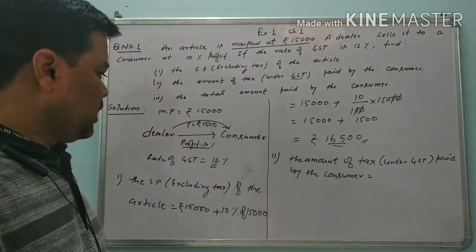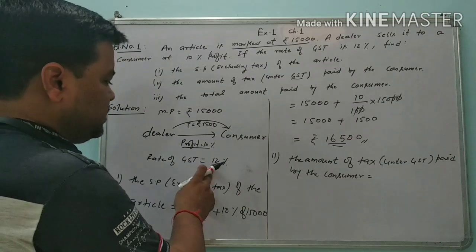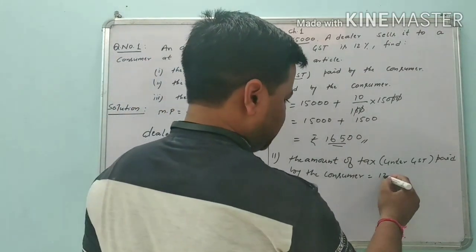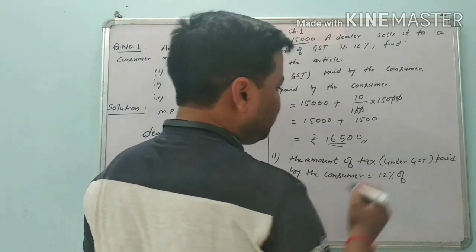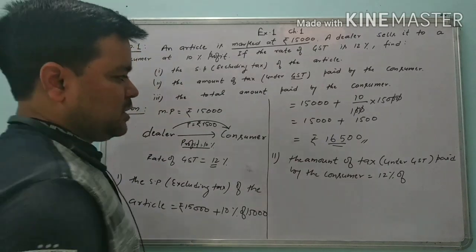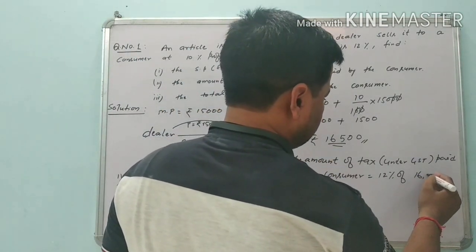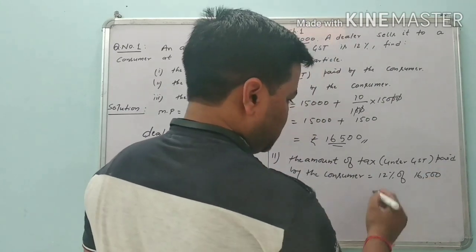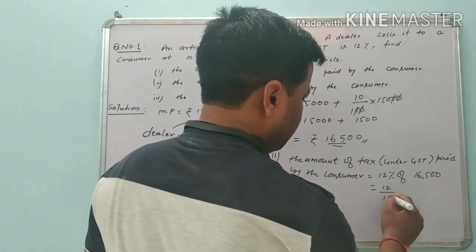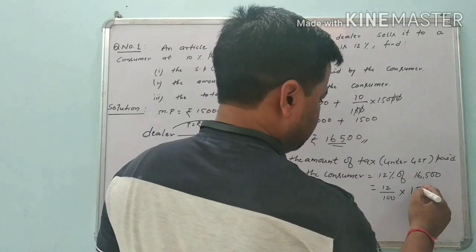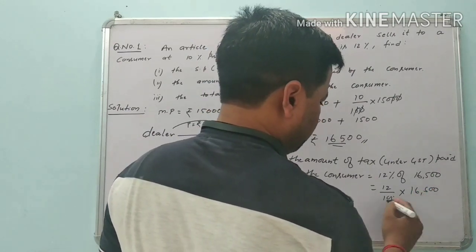The rate of GST is 12%. That will be 12% of the cost price. What is 12% of 16,500? It will be 12 by 100 into 16,500.